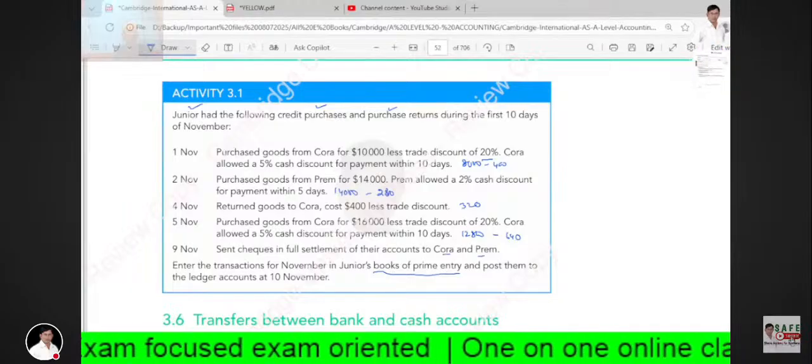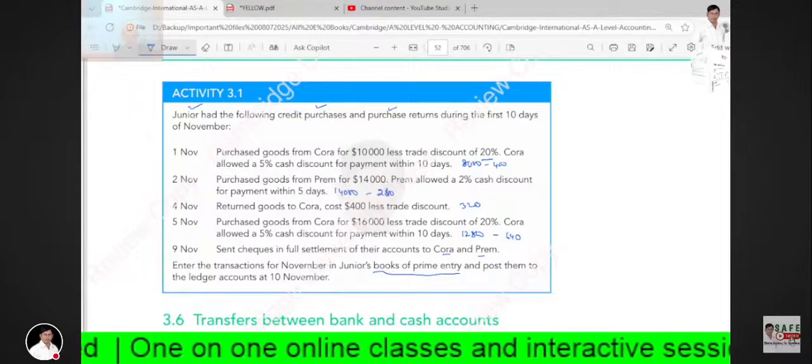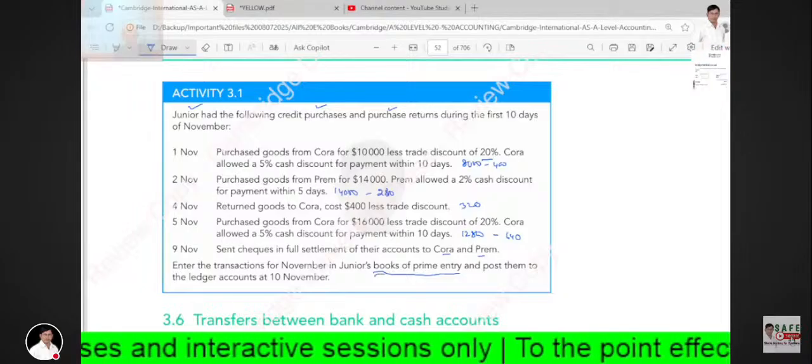Enter the transactions for November in Junior's books of prime entry. What are the books of prime entry in this case?